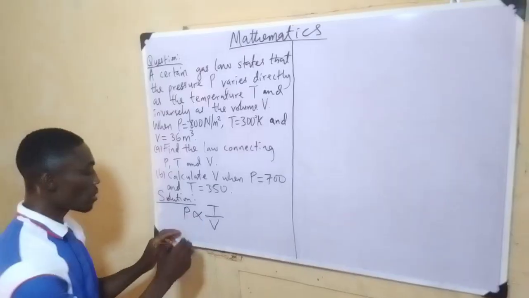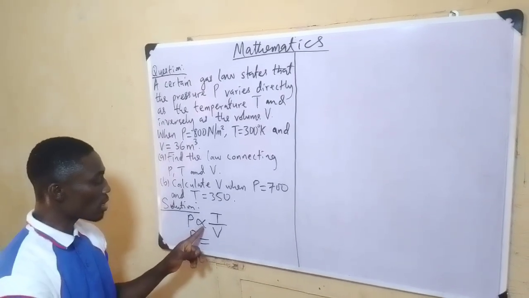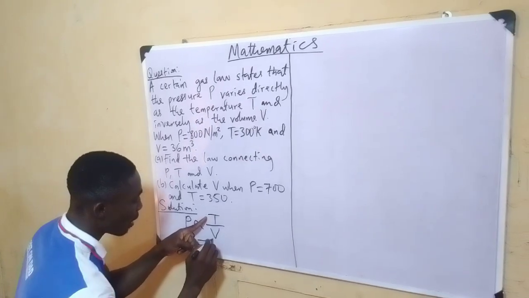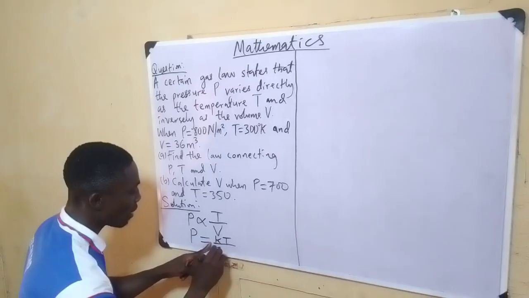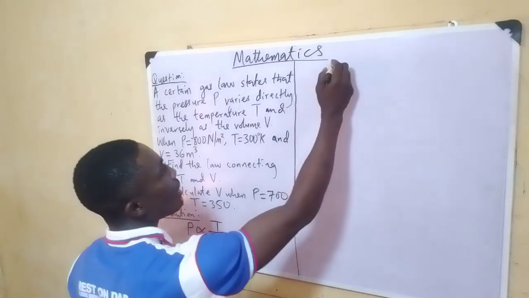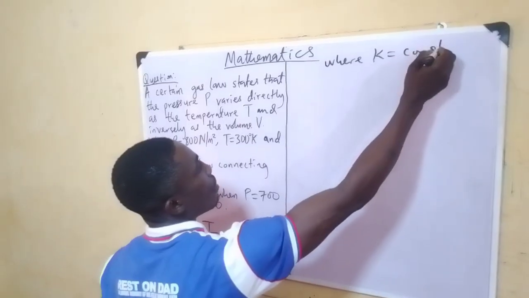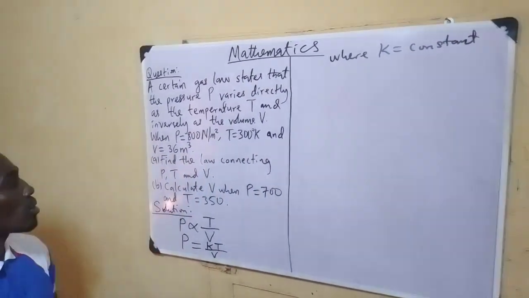We change it to the equality sign. And once you change it to the equality sign, we have to introduce K, the constant. So now we have P is equal to KT over V, where K stands for the constant, because K was never given in the question.